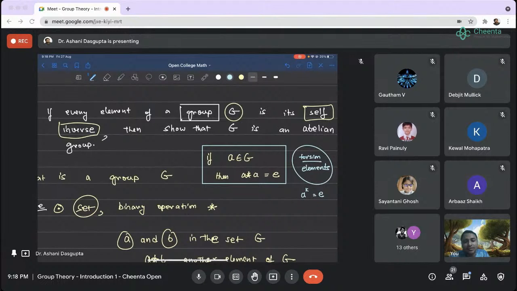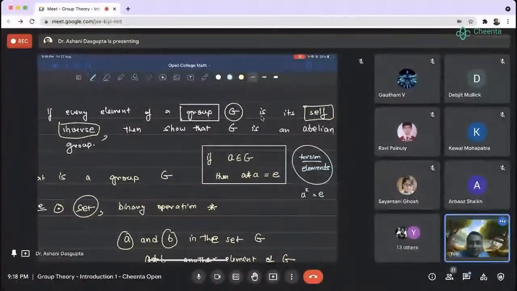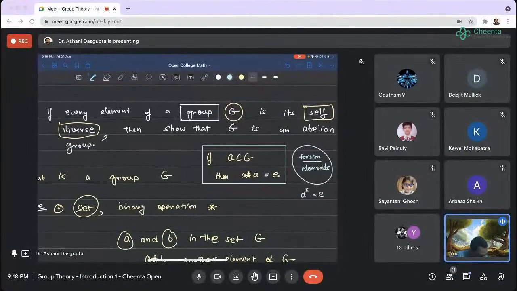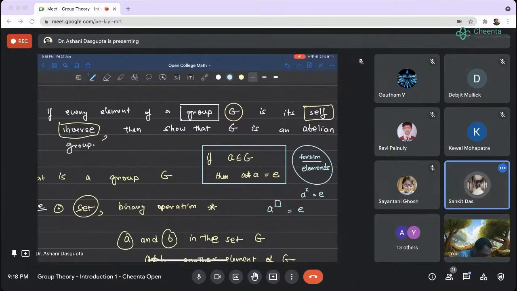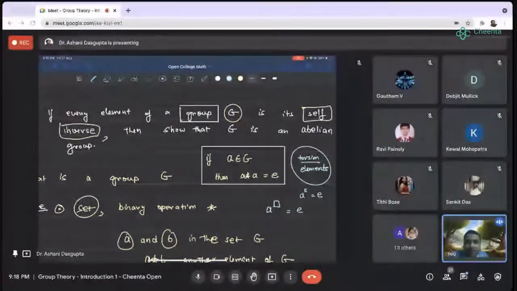So here, of course, what you are seeing is that every element is a torsion element, right? What is the power to which, if you raise it, you get 1? What is that power that you are seeing for every element? A to the power what is identity in this particular case?